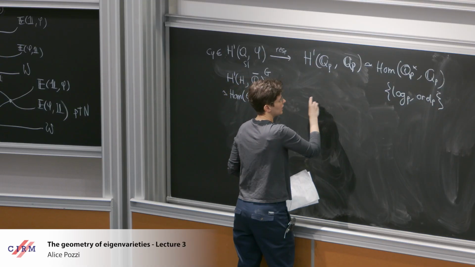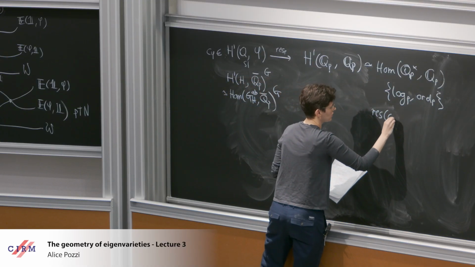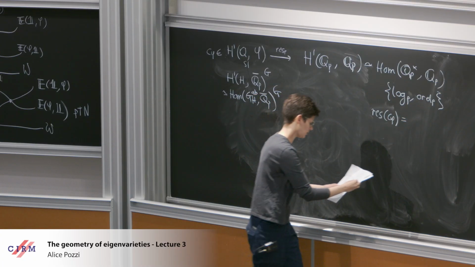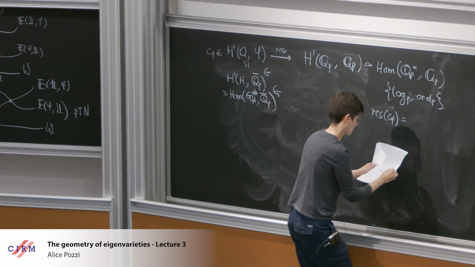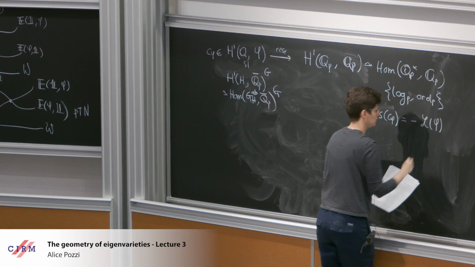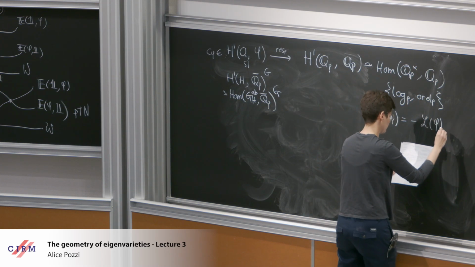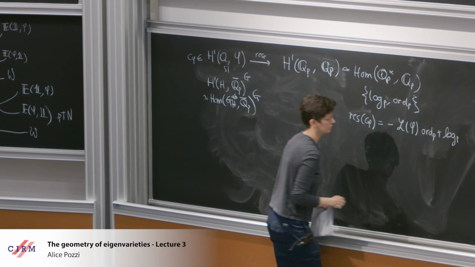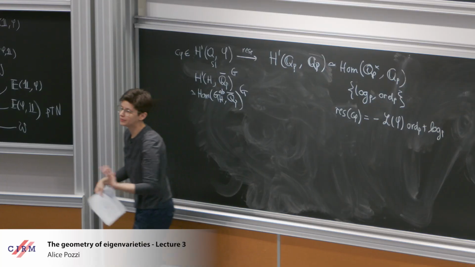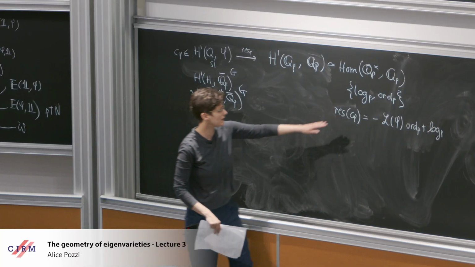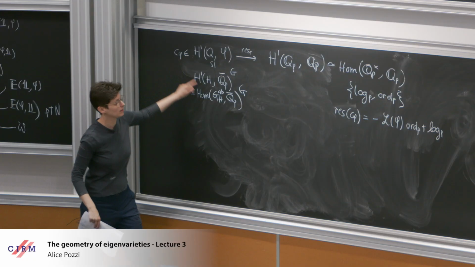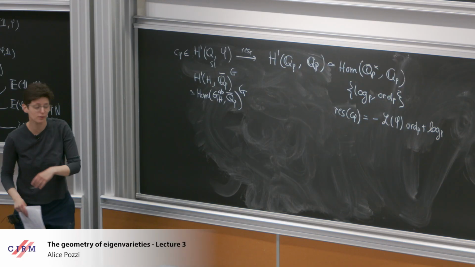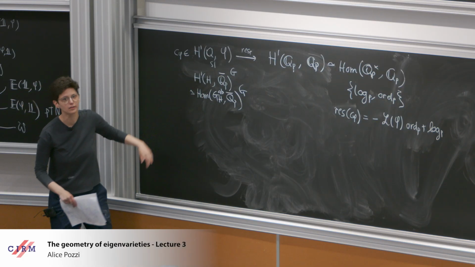The claim is that under this map, the restriction of the class kappa_phi is equal to minus L, the L invariant that we are after, times ord_p, plus log_p. So in other words, this L invariant describes the slope, with respect to this basis, of the image of the class kappa_phi locally. This is a global guy, but the local image resembles the picture that we had before, and this is a computation that we can do, again, using class field theory.